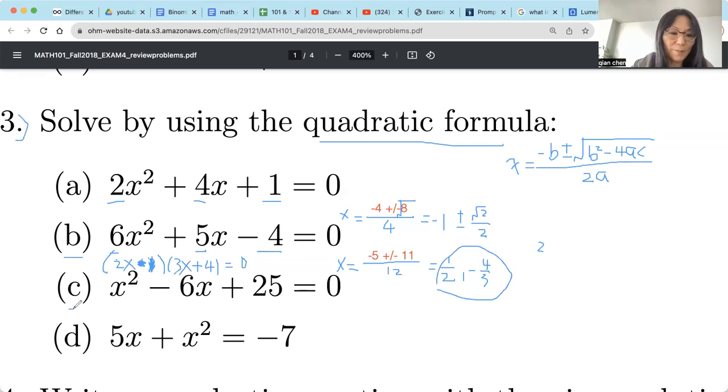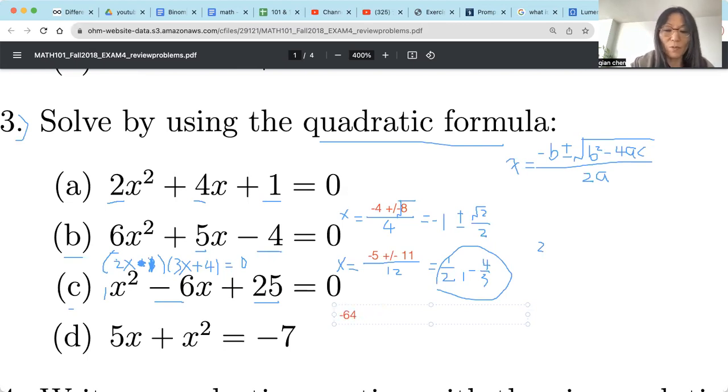Okay, let's see C. A is 1, B is negative 6, C is 25. Again, let's do the discriminant first. The discriminant is b squared, which is negative 6 squared, which is 36, then minus 4 times a, which is 1, so that's 4, then 4 times c is 25, which is 100. Well, 36 minus 100, that's negative 64.